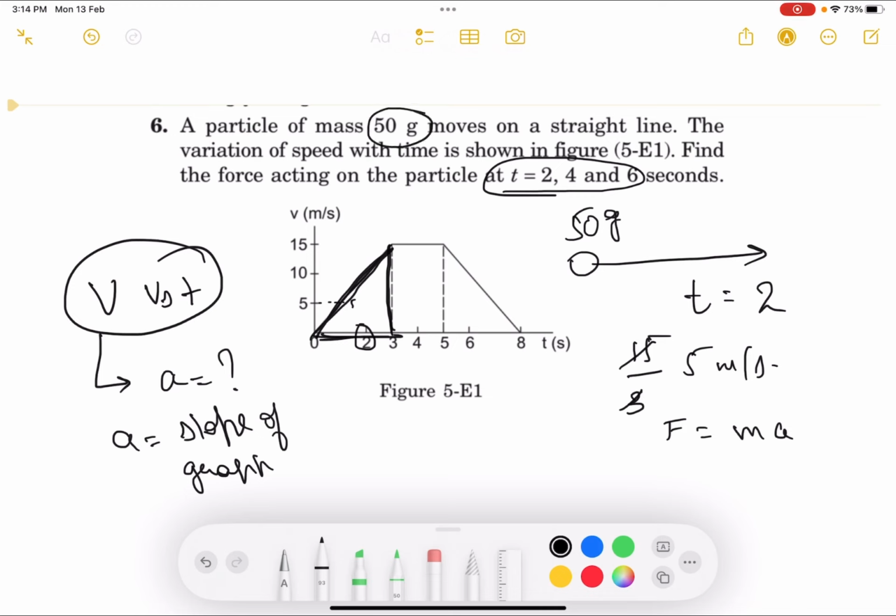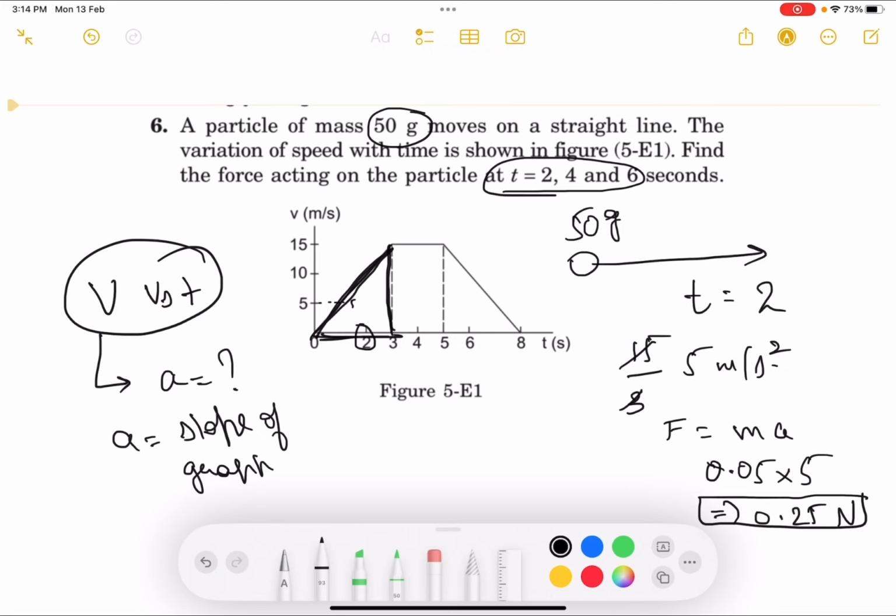M is 50 grams, which means that it is 0.05 kilograms into 5 meter per second square, which implies that it is 0.25 newtons. The force being applied at t is equal to 2 is 0.25 newtons along the direction of motion.